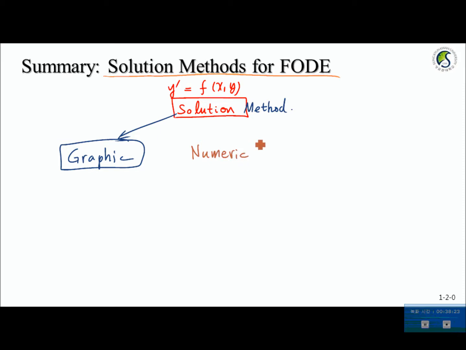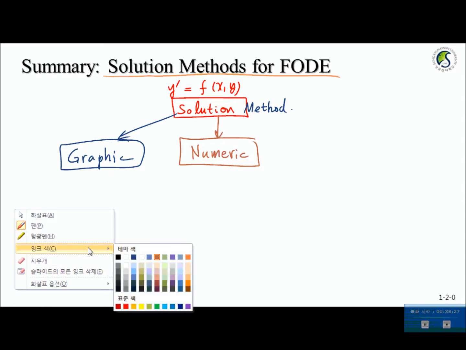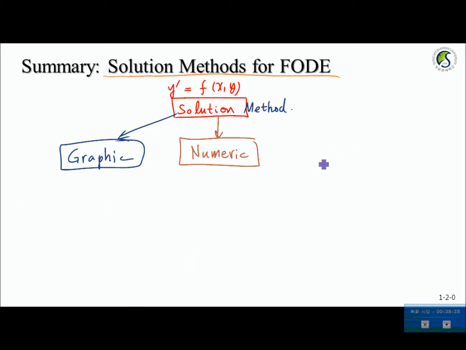Numeric or numerical is the same thing. And the third one is analytic.